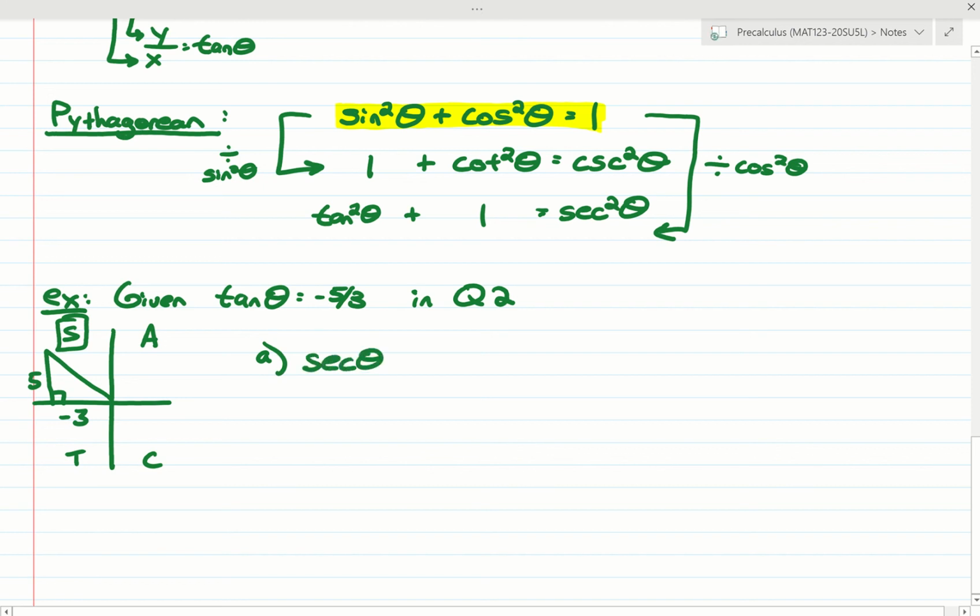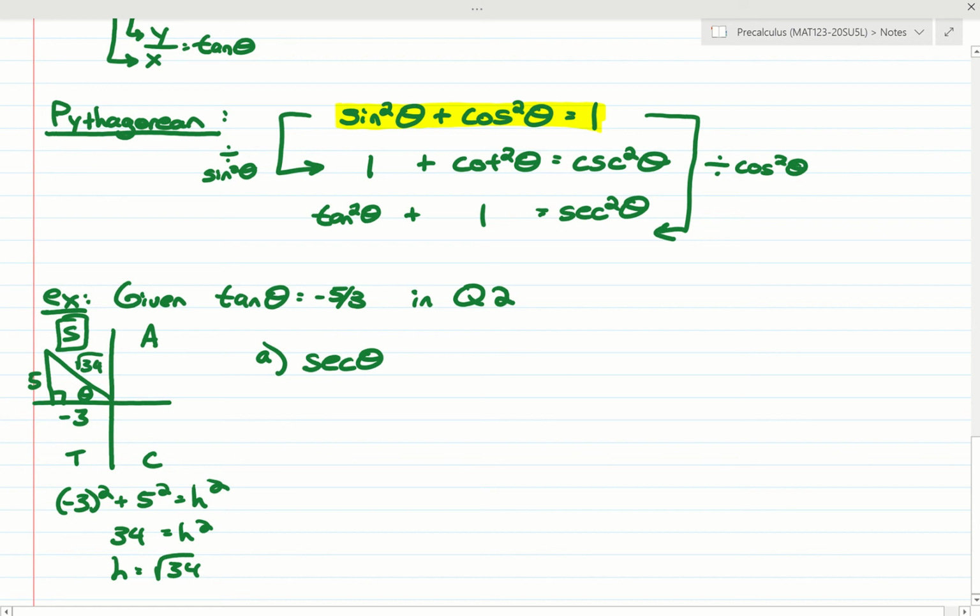Well, we could look at our triangle, and using Pythagorean theorem, negative 3 squared plus 5 squared would equal our hypotenuse squared. 9 plus 25 is 34. So our hypotenuse is equal to the square root of 34. The secant would be the hypotenuse over the adjacent side. So it's negative root 34 over 3.